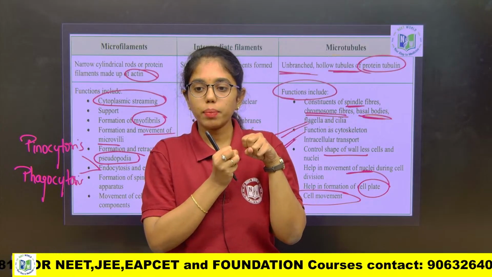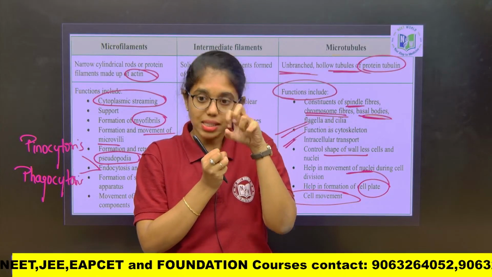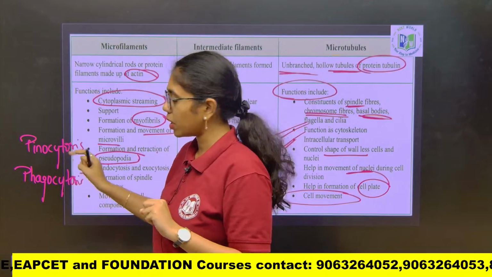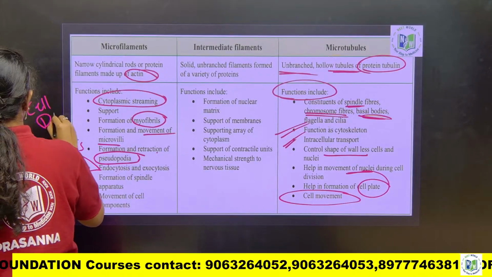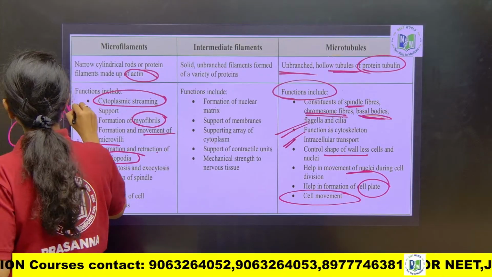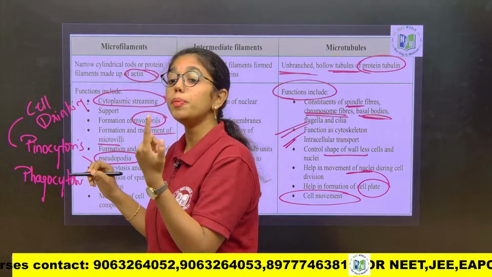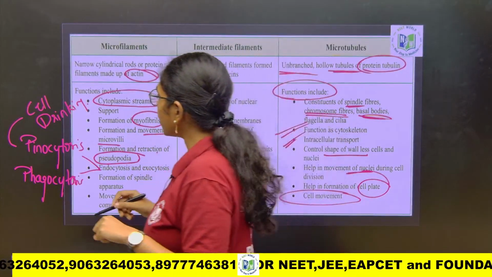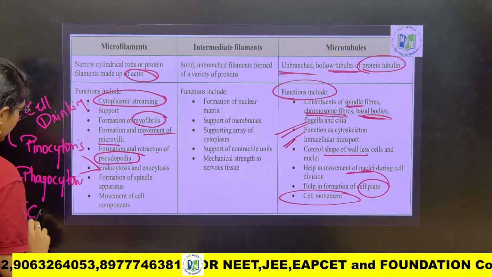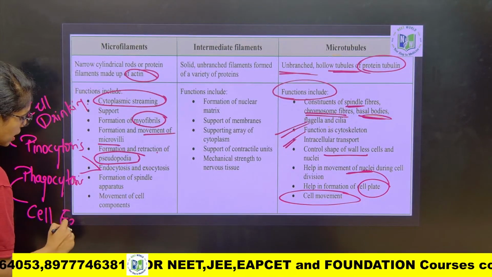Taking up those liquid particles into the cell is called pinocytosis, cell drinking. Next, phagocytosis: engulfing food particles around the cell membrane. Engulfing those food particles is called phagocytosis, that is cell eating.